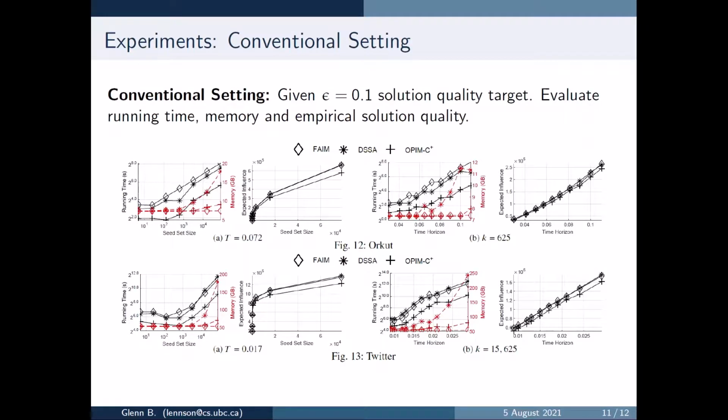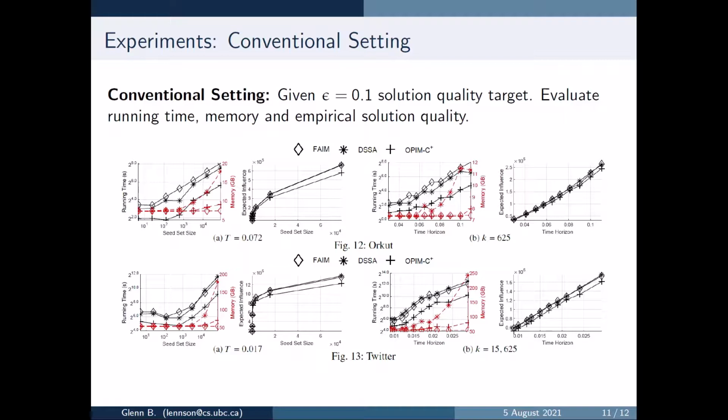In the conventional setting, a desired solution quality target, epsilon, is specified, and then the time and memory used is measured. Unfortunately, there still can be significant variation in solution quality, i.e. expected spread attained by the returned set of nodes, due to how the solution quality target is interpreted by the various algorithms. For this reason, we also compare the expected spread.